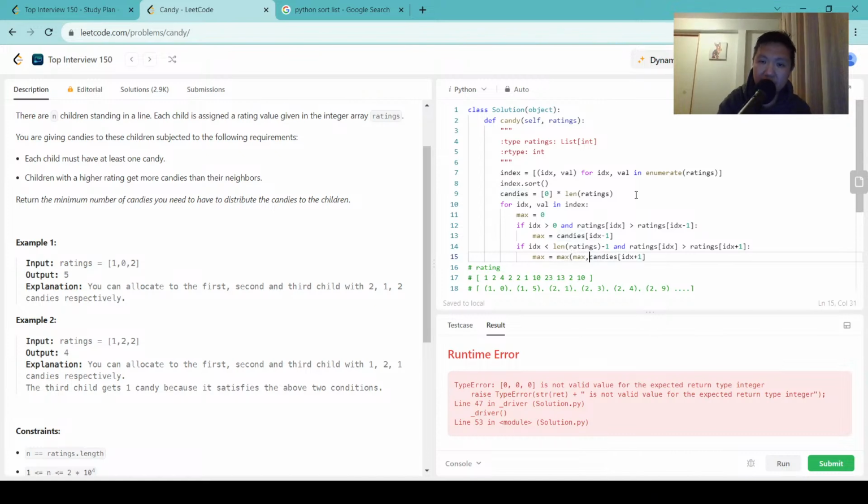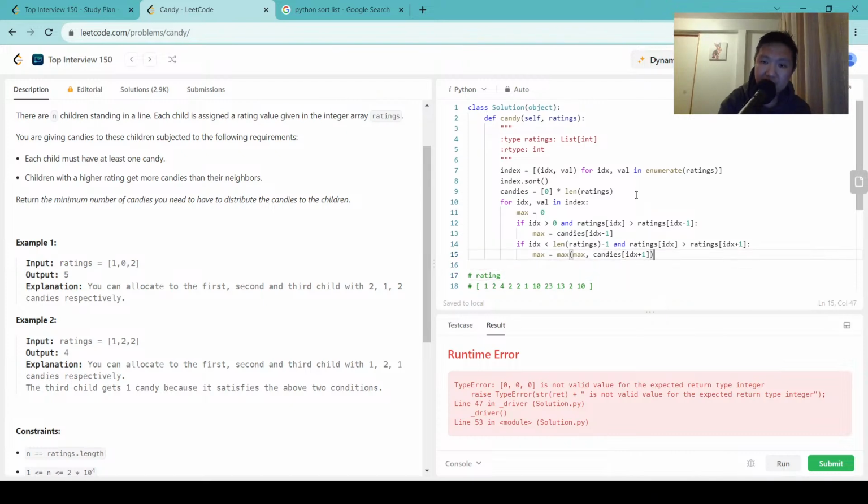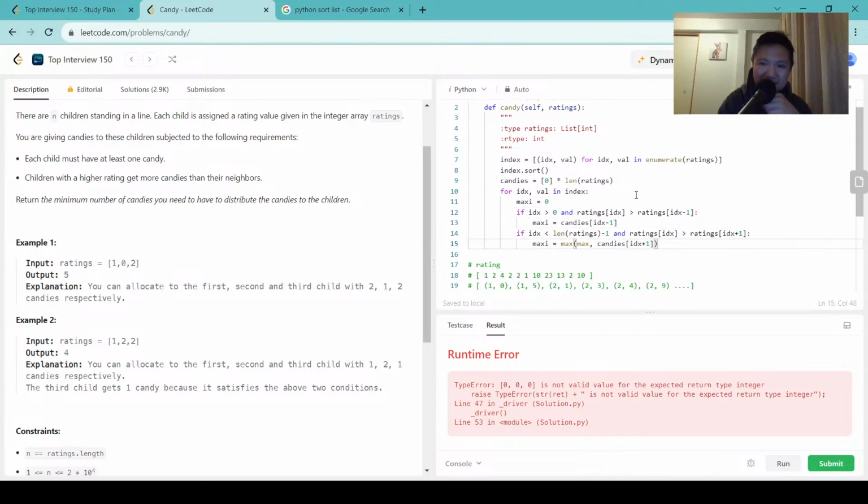I should call it myself MX. This is, well, I need a different name. I can do this, but this sounds like something I don't like to do. Let's just call it MX. Or, well, let's just call it Maxi. Okay. Alright. Ratings.